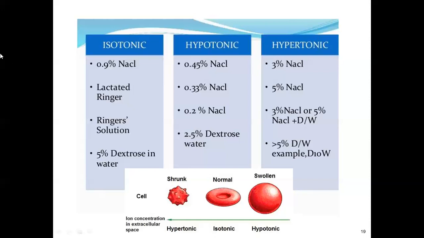So here are some examples of isotonic solution. I say, left: 0.9% sodium chloride, lactated Ringer's solution, which we especially prescribe for burn patients, Ringer's solution itself, lactated Ringer's or Ringer's, 5% dextrose in water. These are examples of isotonic solution.